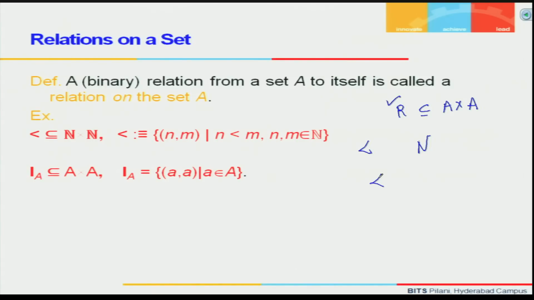Here both sets happen to be the same, hence we call less than a relation on the set n. And if you define the relation I_A such that (A, A) belongs to A, then this is also a relation on set A.